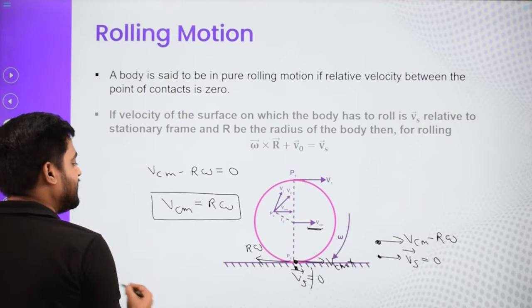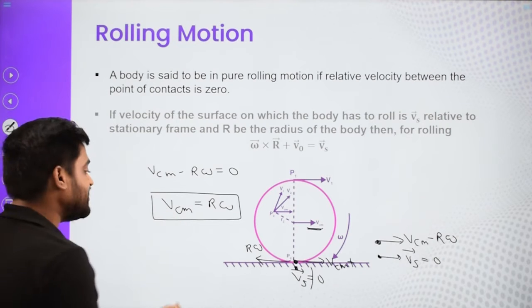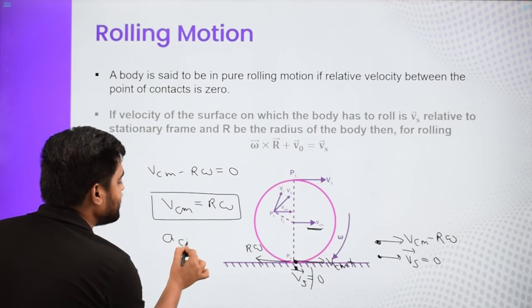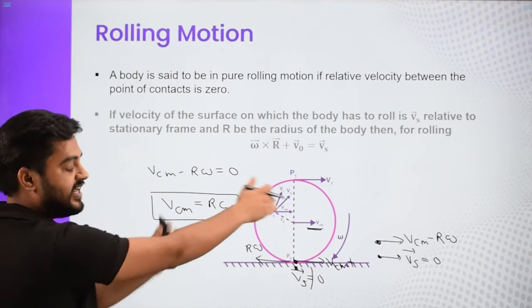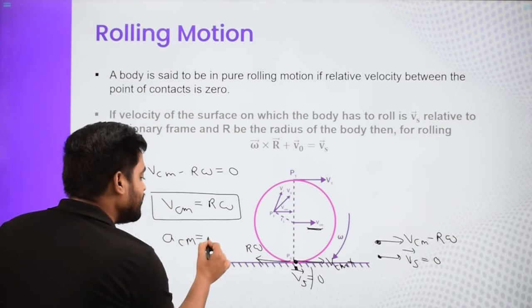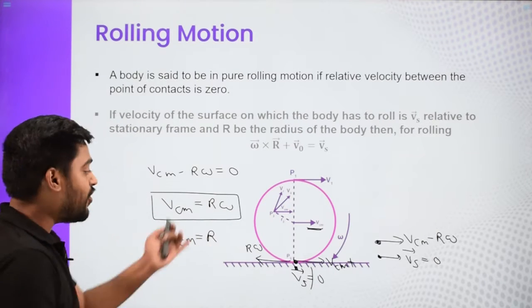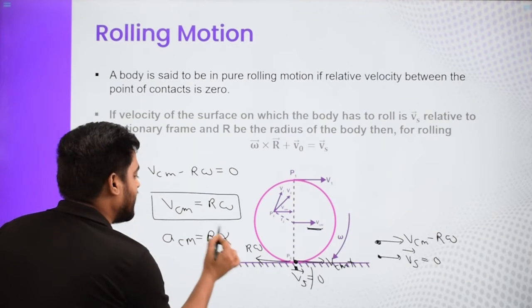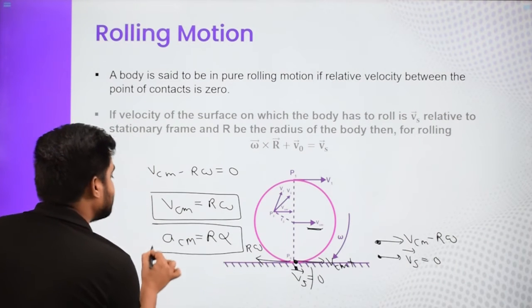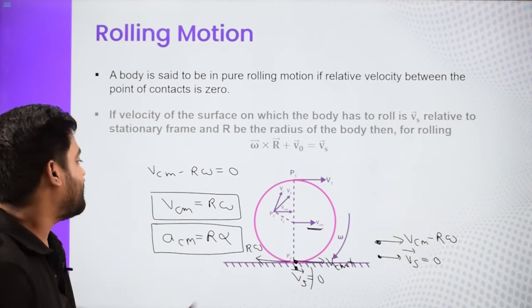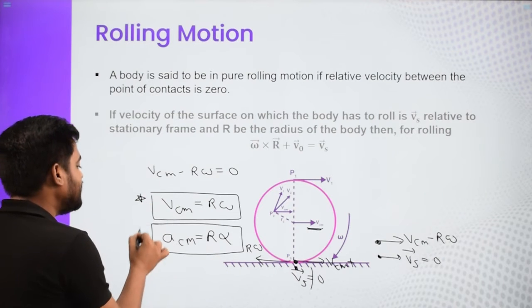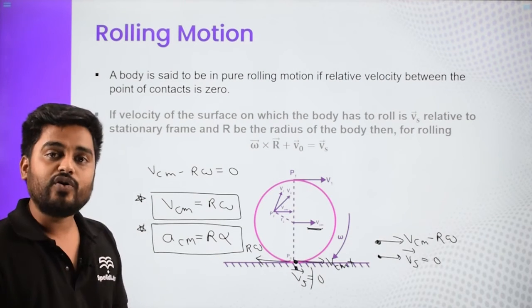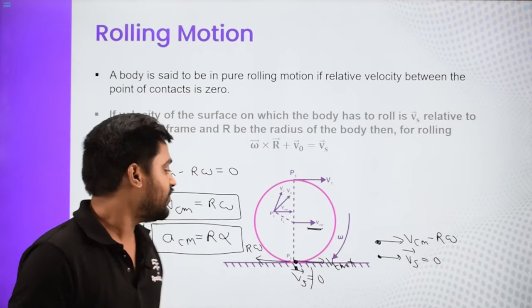If we differentiate it, what do we get? Differentiation of velocity is acceleration. So the acceleration of the center of mass, r is the radius of the object, which is going to be constant, and d omega by dt is going to give me alpha. So the acceleration of the center of mass is going to be r alpha, and these two are absolute conditions for pure rolling of an object that is rolling on the ground.